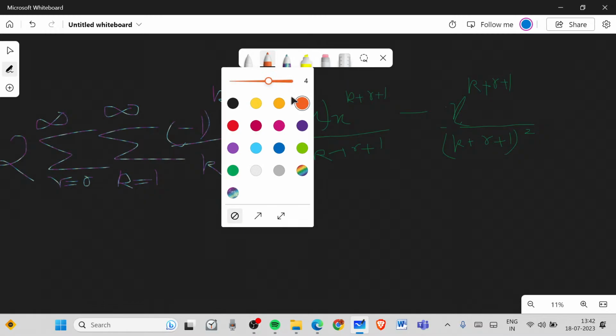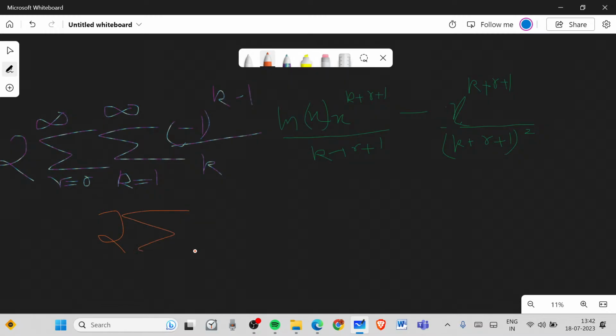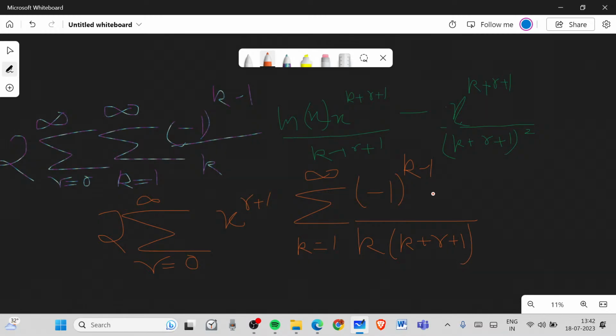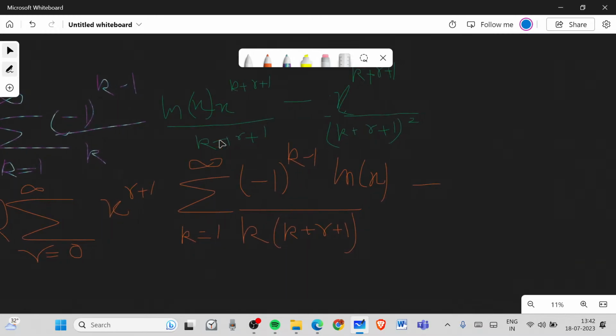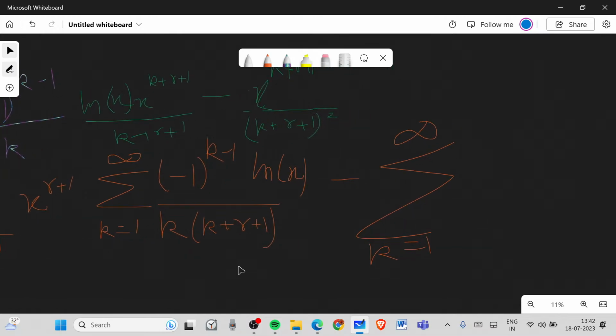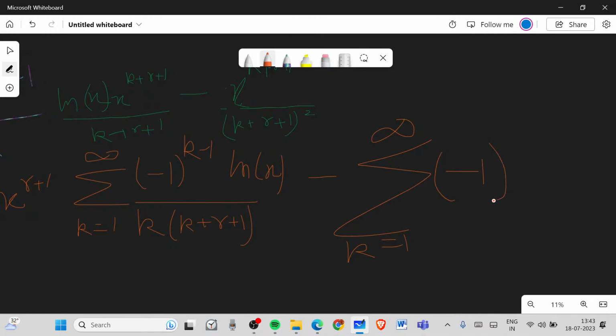First of all, let me change the color. 2 sum r is 0 to infinity x to the power r plus 1, sum k is 1 to infinity minus 1 to the power k minus 1 by k into k plus r plus 1, ln x, minus sum k is 1 to infinity minus 1 to the power k minus 1, x to the power k.